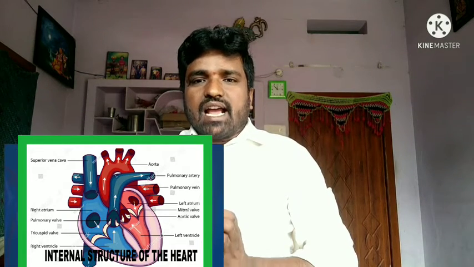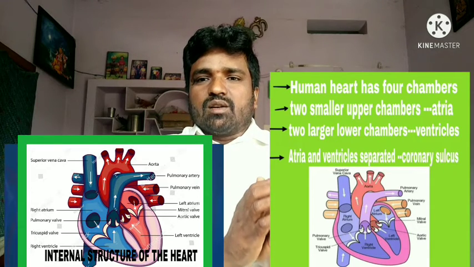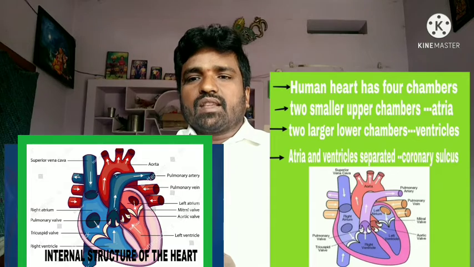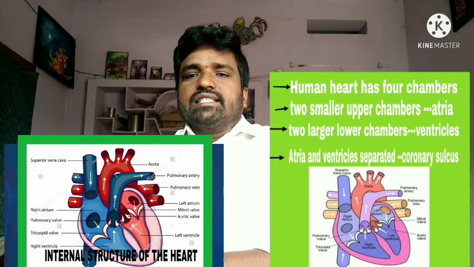The human heart has four chambers, with two smaller upper chambers called atria and two larger lower chambers called ventricles.